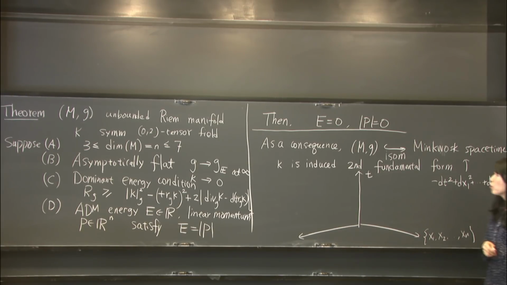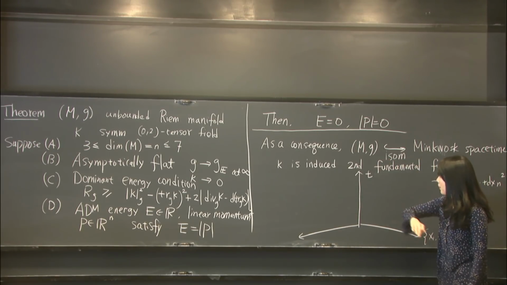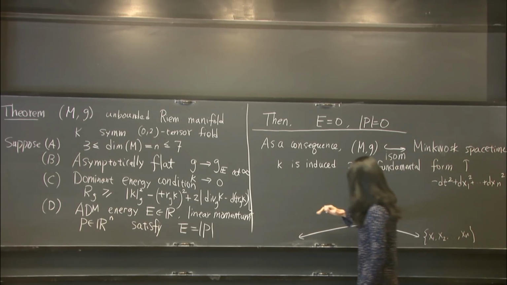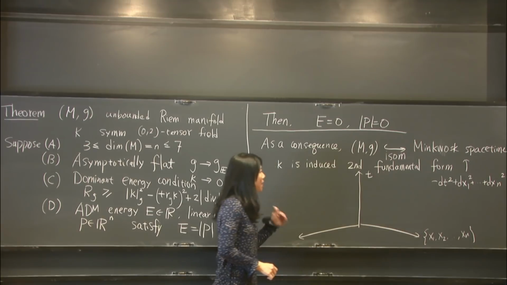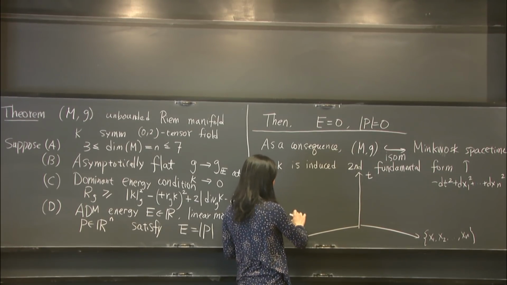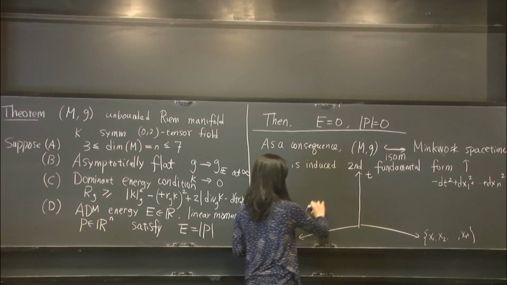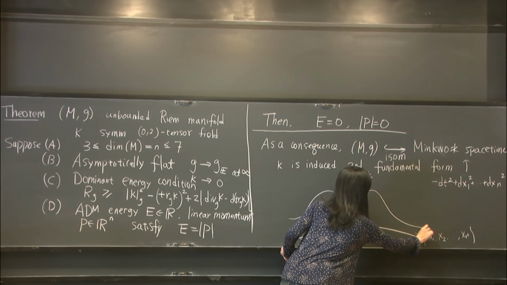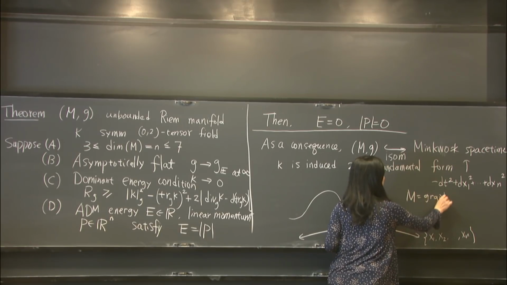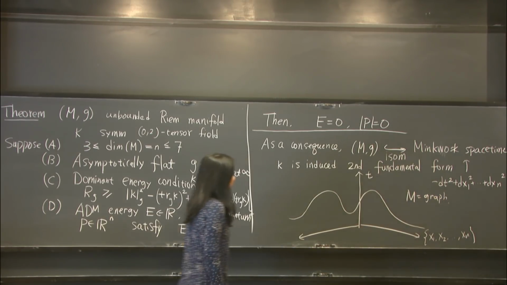Right, so the only way for some manifold to embed as a codimension 1 hypersurface is that it must be a graph. Okay.